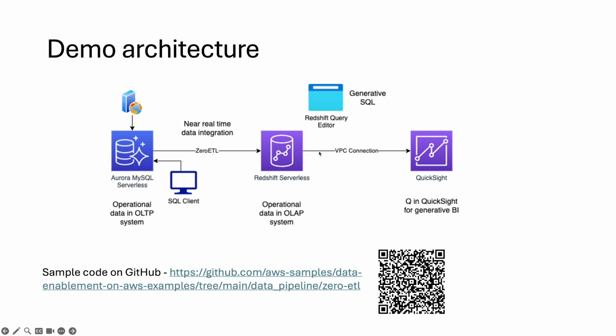And then we finally connected our serverless environment via secure connection to QuickSight. And we took a quick look at the different angles into the generative BI experience, whether that's as a producer, and we're using Gen AI to help us build visuals and dashboards, or as a consumer and we're coming in and then asking questions of our data.